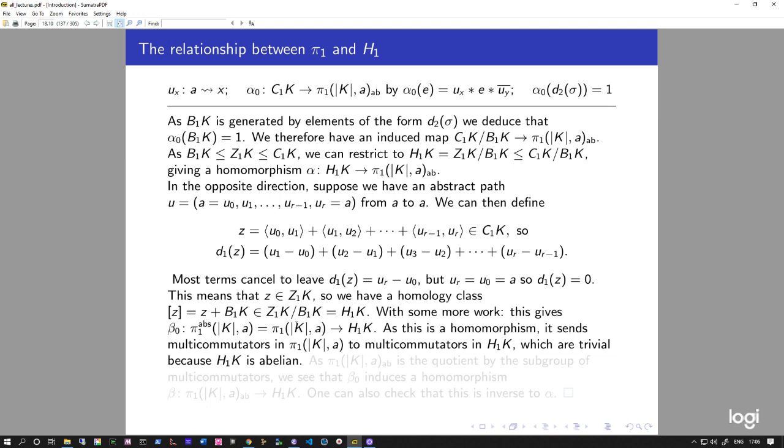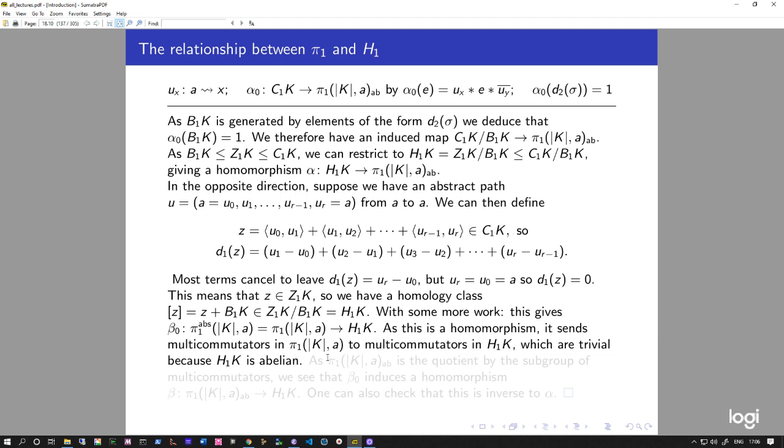Okay, so if we believe this exists and it's a homomorphism, then it's going to send every commutator in pi1 to a commutator in H1, but H1 is already abelian, so the commutators in H1 are just trivial. Similarly, any product of commutators gets sent to a sum of commutators, which is also trivial. So this is sending multi-commutators to the 0 element.